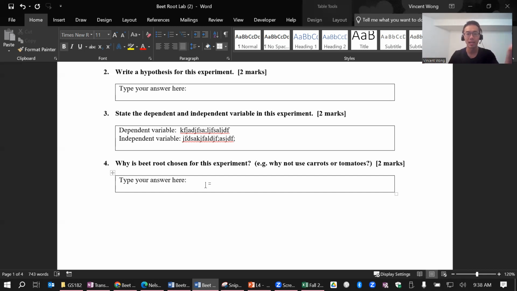But why not use carrots or tomatoes? Carrot also has a bright orange color. Tomatoes are red. If you make tomato soup, it's going to come out red. If you make carrot juice, it's going to come out orange. They have pigments too. They have colors too. So I am asking you, why are we choosing beetroot and not these things?